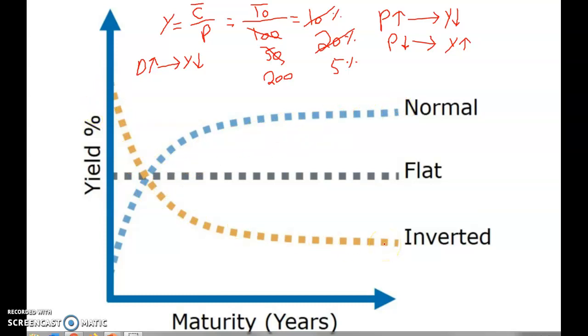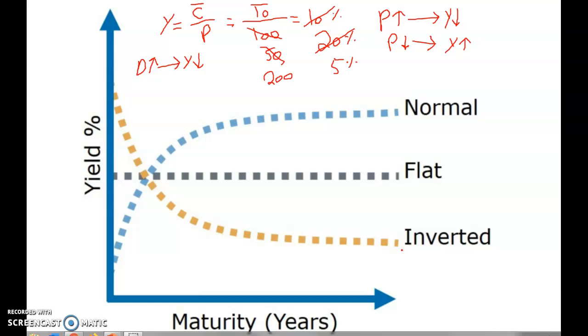Okay. When we see this movement from a normal curve to a flattening, we have a sense that a recession might be looming. And then when we get an inversion, we see the recession in full play. The reason is because of inflation expectations.